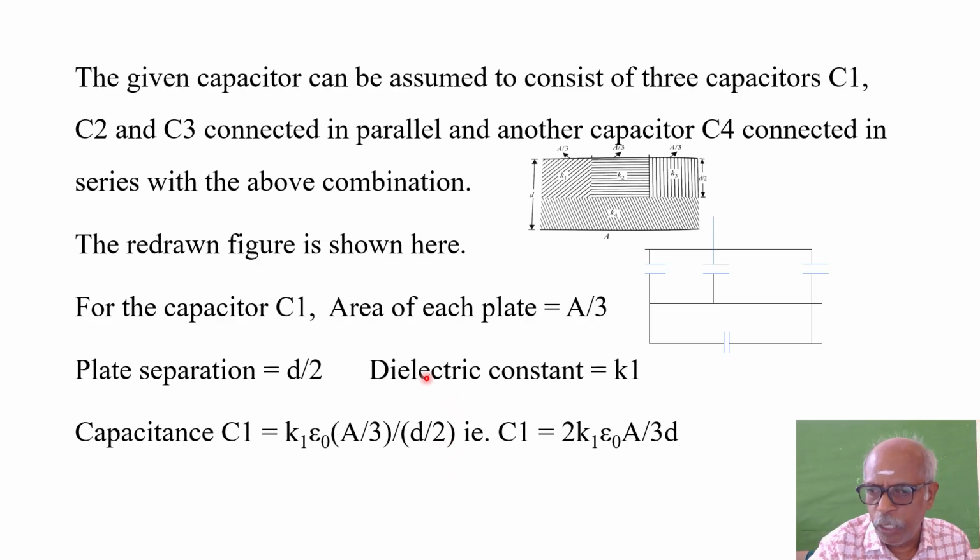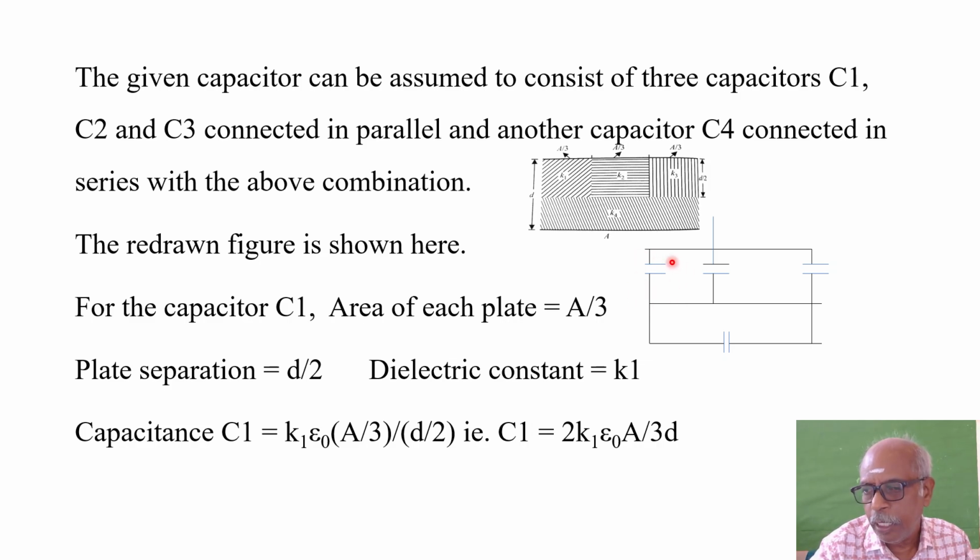So these 2 will go up. So C1 is equal to 2 into K1 into epsilon naught A divided by 3D. This 3 is in the denominator. What is this? The capacitance of C1.